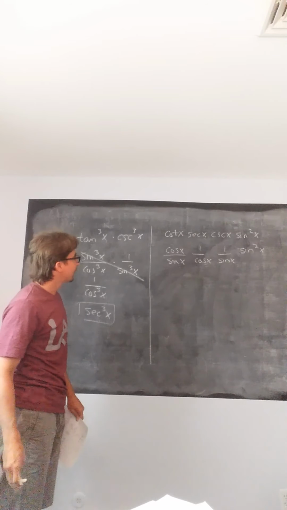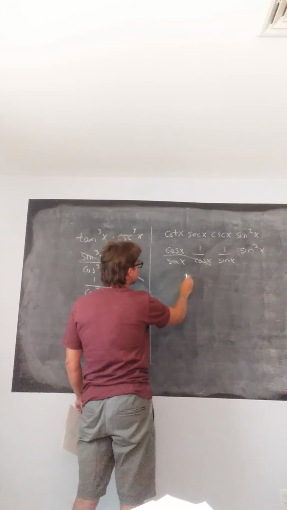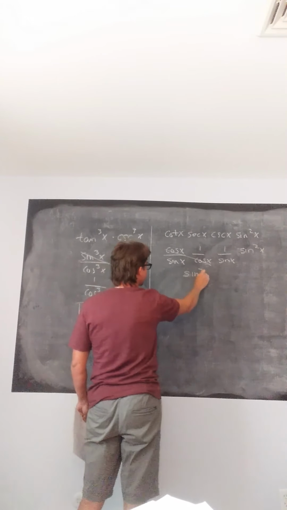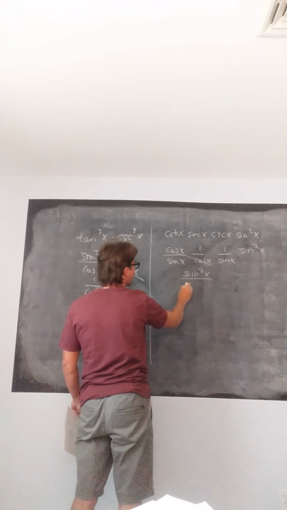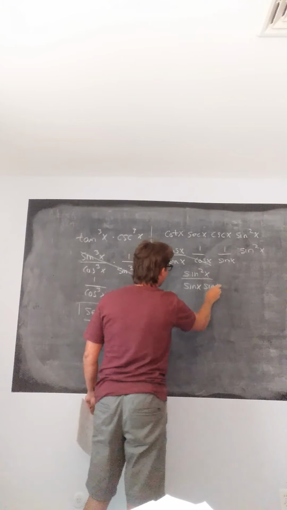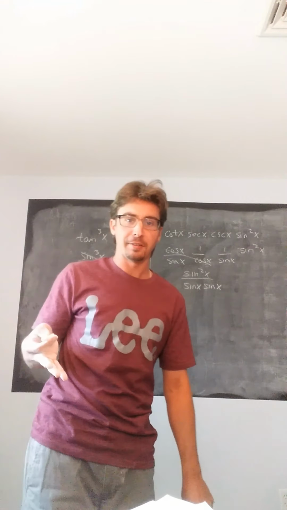Now look at some of the things that happen. The cosines cancel out. So on top you're left with 1 times 1 times sine squared, which is just sine squared x. And on the bottom you have sine times sine. So what do you think sine of x times sine of x is?